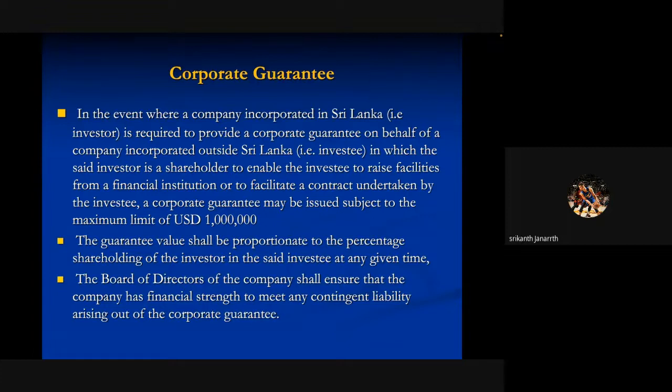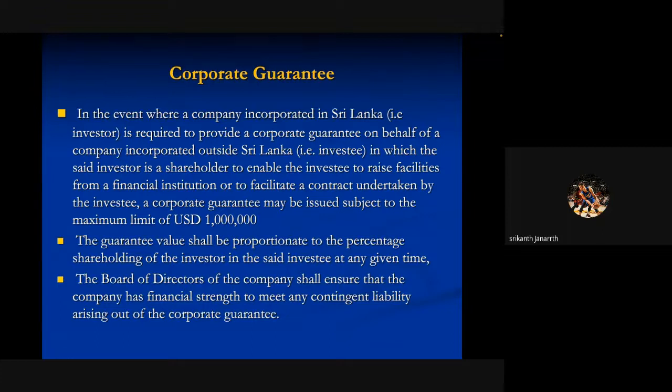Now Dialog wanted to give some bank guarantee. Instead of going to the bank and taking up a facility, Dialog is a reputed company, so the Vietnam bank can take Dialog's own guarantee as a security. So Dialog can issue their own corporate guarantee in favor of the Vietnam bank to lend to the Vietnam business, where Dialog has 40% and Vietnam has 60%. Let's call that company ABC.